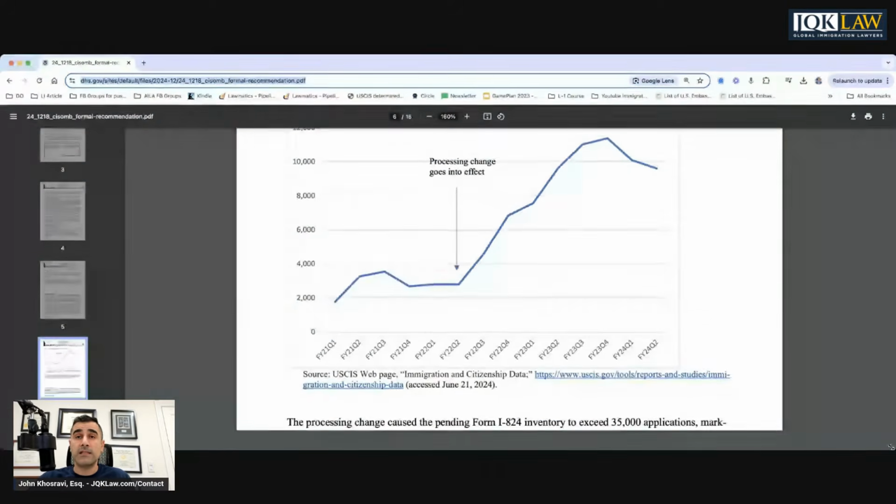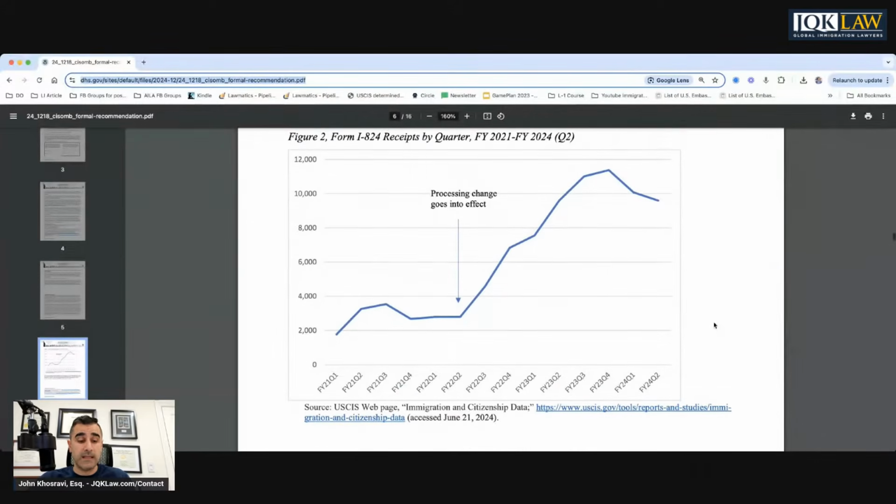USCIS says we don't have statistics specifically to say the reason for this spike was this change in policy. Whereas they were getting, I don't know, around 3,000 on average every quarter, every 3 months, of these I-824 forms, all of a sudden it went to 10,000 a quarter, which is just insane.